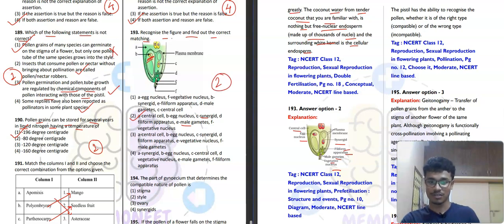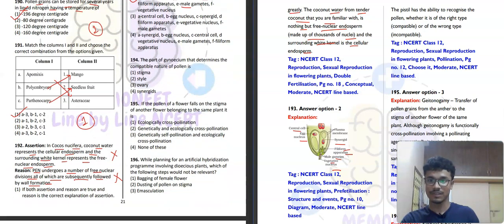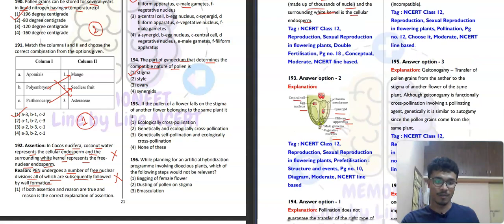Moving towards the next question, 194. It is saying that a part of gynoecium that determines the compatible nature of pollen is stigma, style, ovary, or synergid. So that is the stigma, which decides the compatibility of pollen.